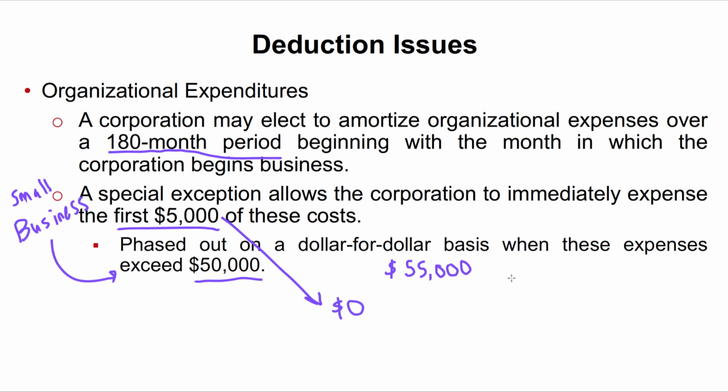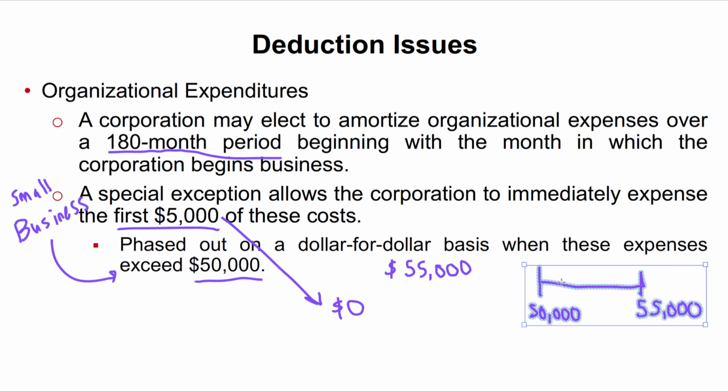So as you go down, right, if you go $50,001, this goes to $4,999. As you go down, it reduces. Once you get to $55,000, right, it's like a range. Once you get to $55,000, this becomes zero. So we're at $50,000 here, $55,000 here, right?